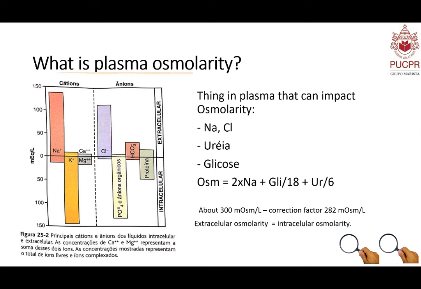So within the plasma, when we look at these ions, it's really easy to see that sodium and chloride must have a very important impact on osmolarity, right? So yes, they do. When we calculate the plasma osmolarity, we just multiply sodium by 2, because when we do that, we are considering the chloride and also the bicarbonate and other anions.